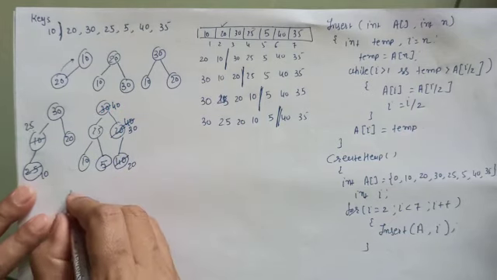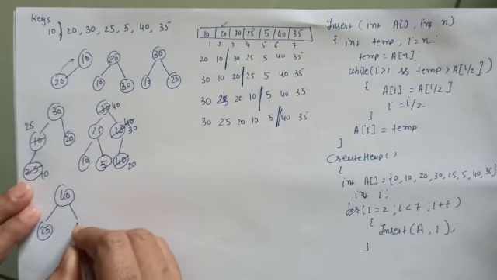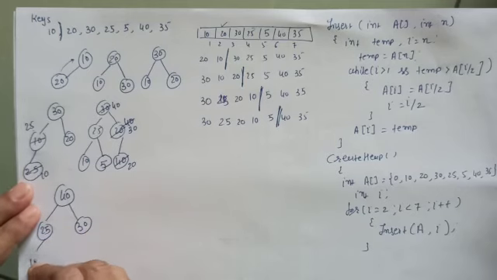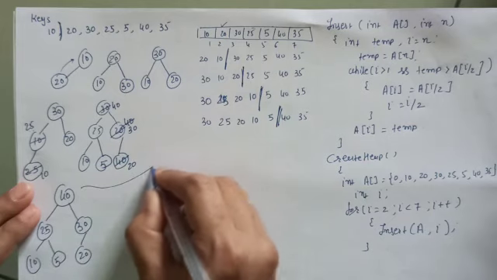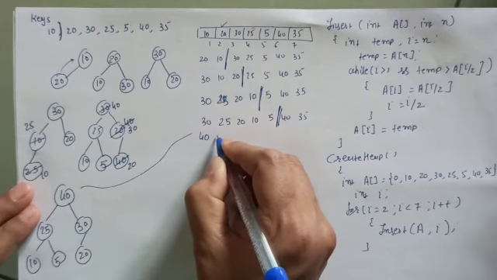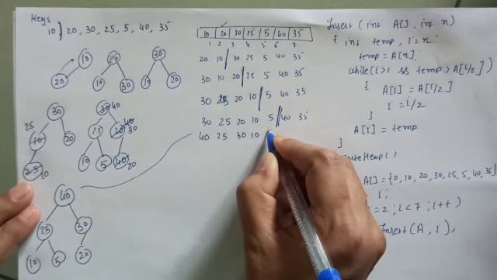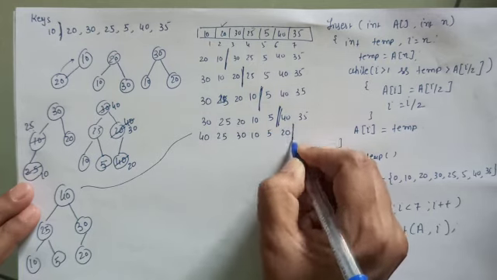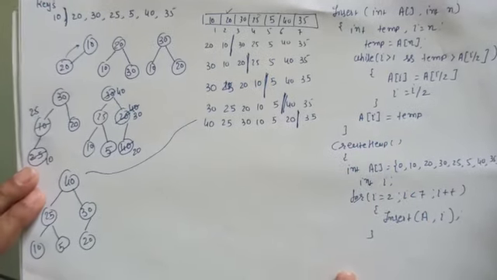So the final tree is 40, 25, 30, 10, 5, and here 20. Similarly the corresponding array for this is 40, 25, 30, 10, 5 and 20, and up to this the heap tree is completed.